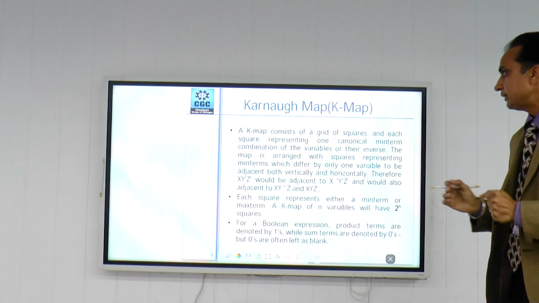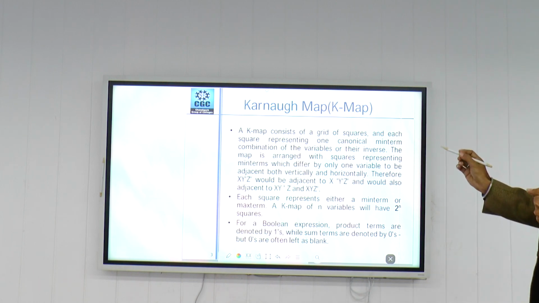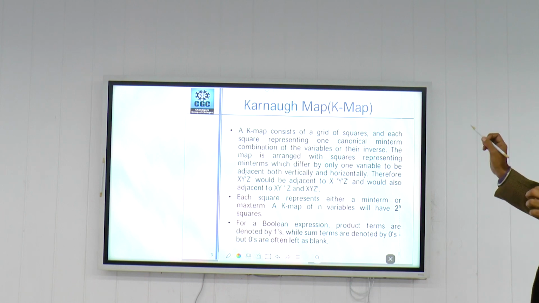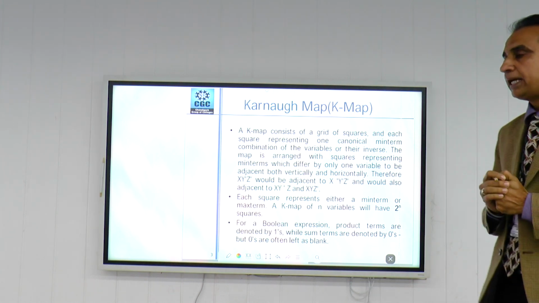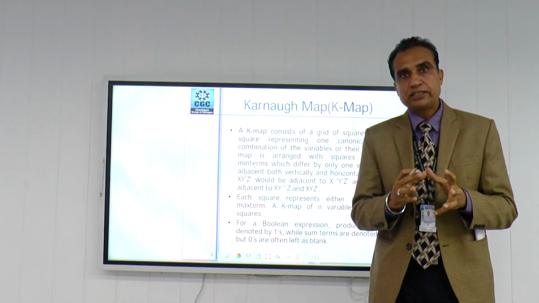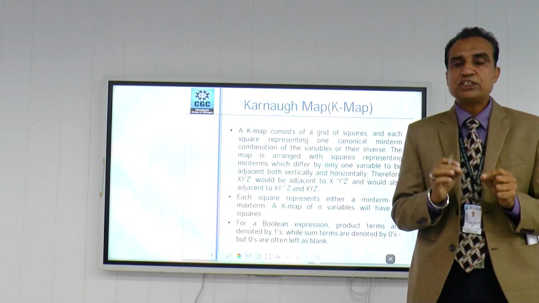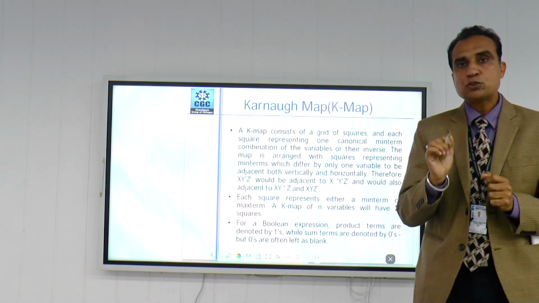Now the next thing is which min terms are used. Min terms which differ only by one variable are adjacent, both vertically and horizontally. Now in each square grid, we use a min term. What is min term? If the equation is represented in SOP form.